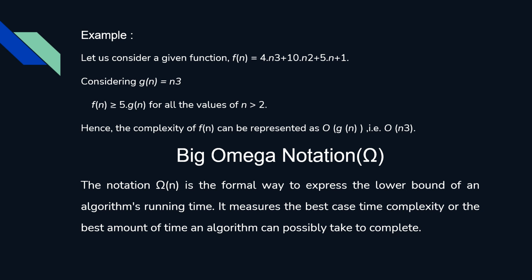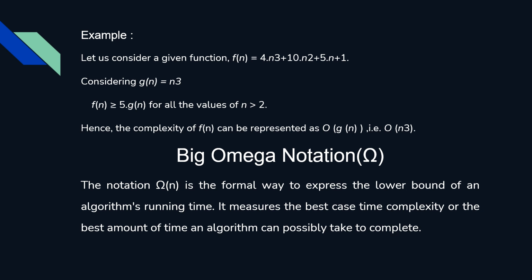So g(n) equals n cube, and if we take the constant c value as 5, then c into g(n) is always greater than or equal to f(n) for all values of n greater than 2. Hence the complexity of f(n) can be represented as big O of g(n), that is big O of n cube.